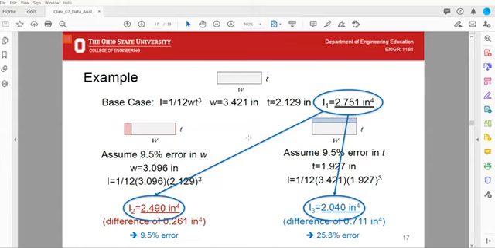That's mainly because, as I mentioned, there is a cube there, which will magnify the error. So keep in mind that some measurements are more sensitive, or the equations, like the moment of inertia, error in measuring the thickness is more serious than making an error in measuring the width.